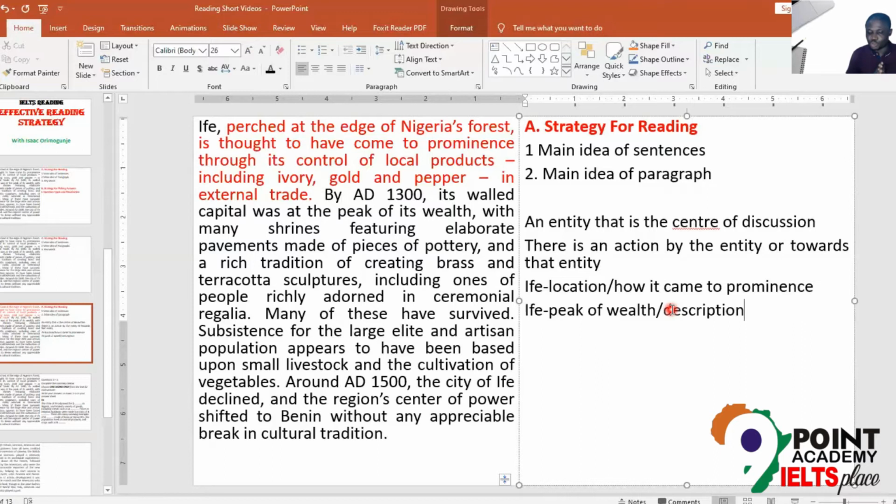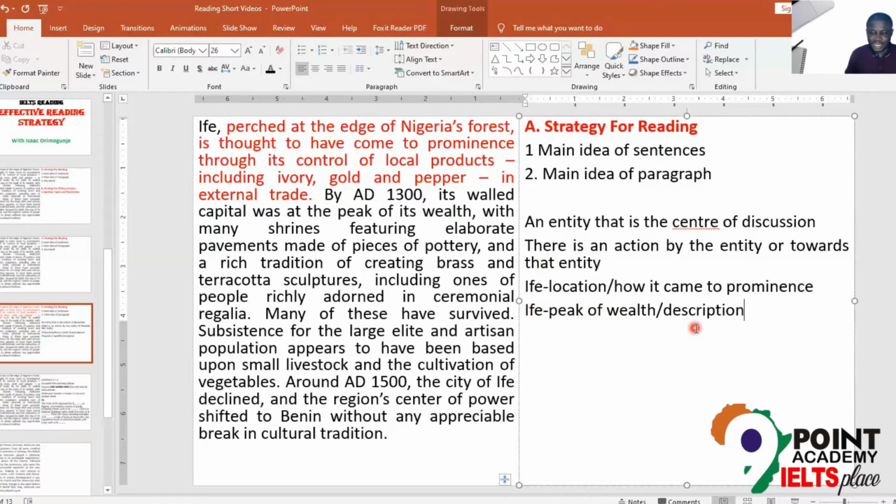I want you to note something in the first two sentences. It is talking about the location of Ife and prominence. It is talking about the peak of its wealth. The two sentences look alike when you look at prominence and wealth. Peak, prominence.